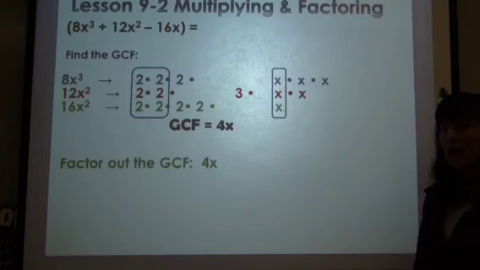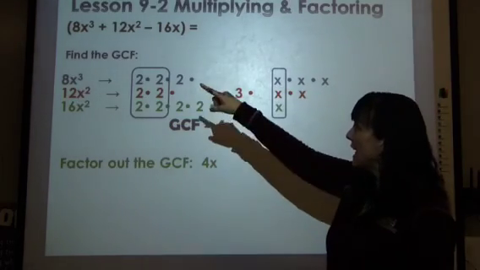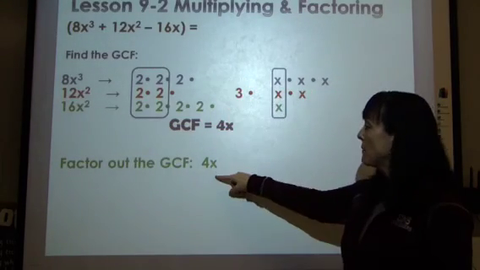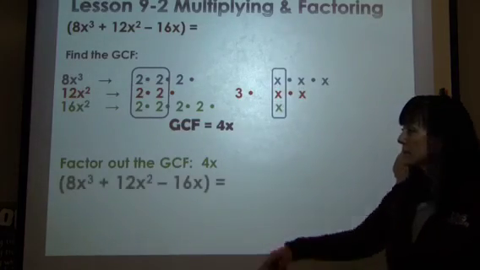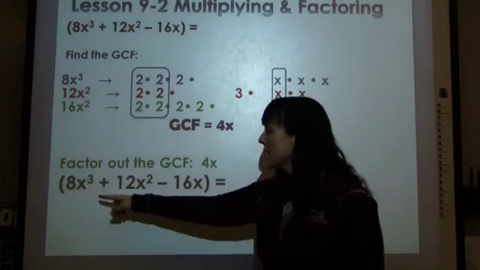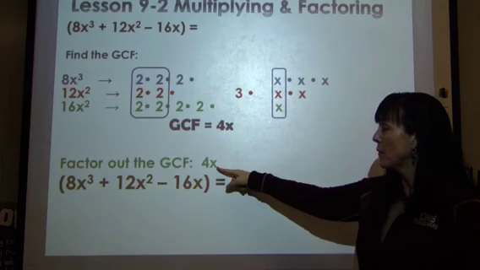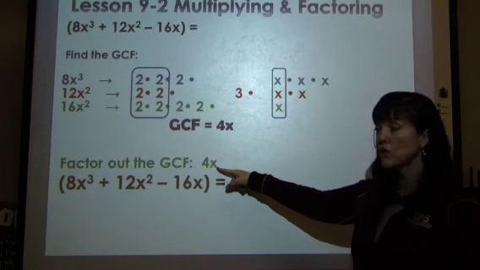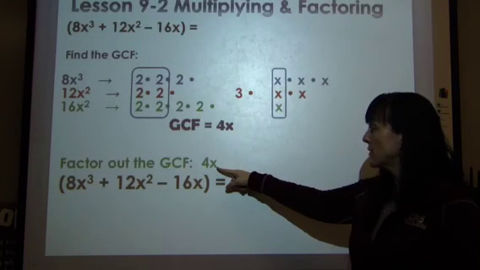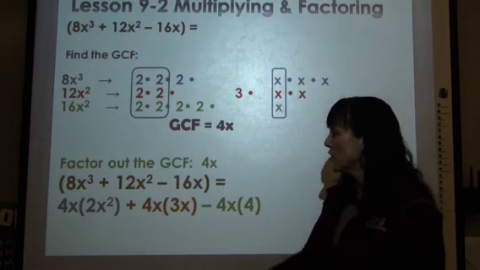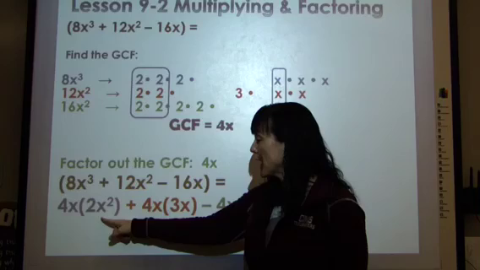Factor that greatest common factor out. So you're going to divide each of those terms in our polynomial by 4x. 8x cubed divided by 4x. 8 divided by 4 is 2. And x cubed divided by x to the first is x squared. So you're going to get 4x times 2x squared.